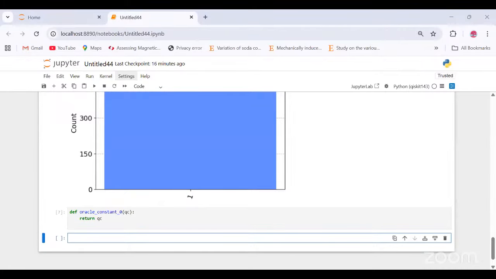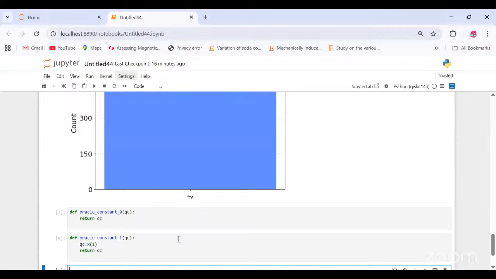Then we have to input the values, the zero value and one value.